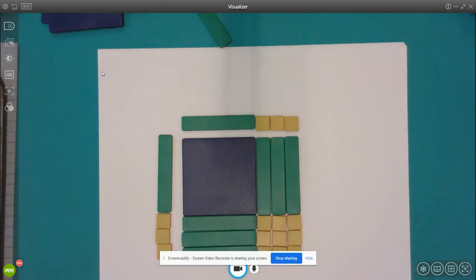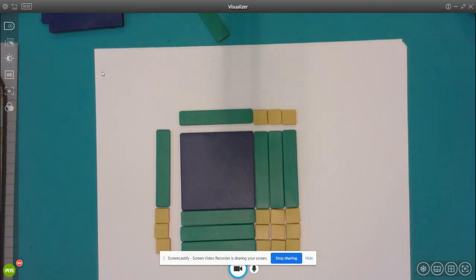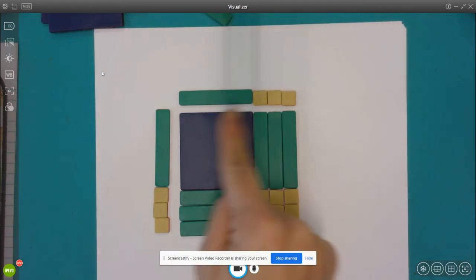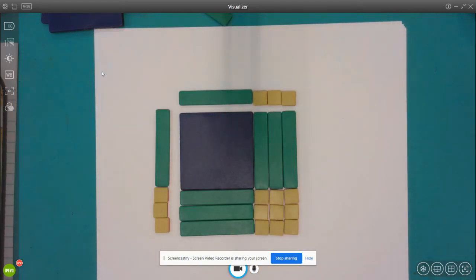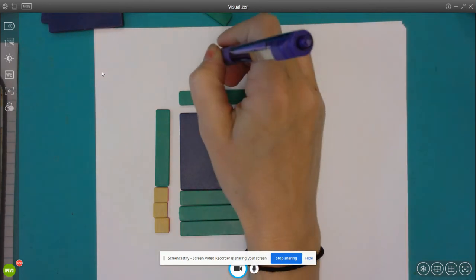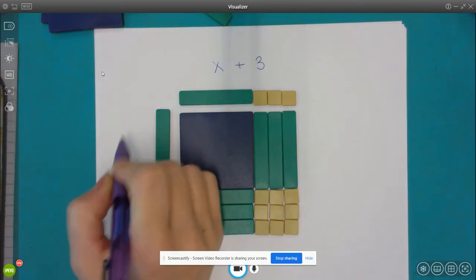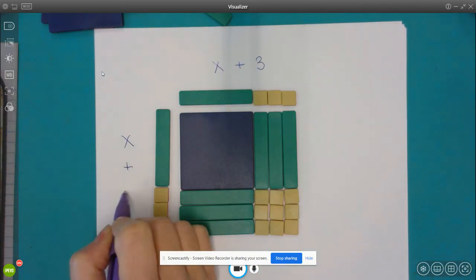All right. So I had a side length of X plus 3 and another side length of X plus 3. And then inside all of this attached portion would be the area of the quilt square. So this was X plus 3. This was X plus 3.